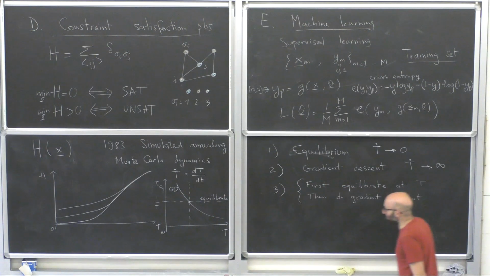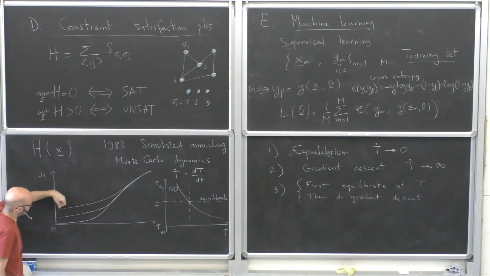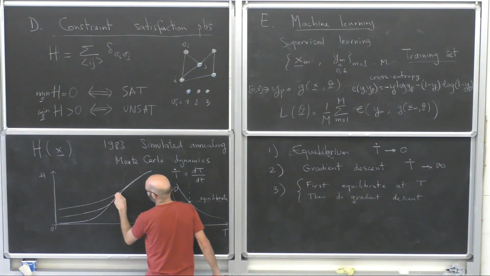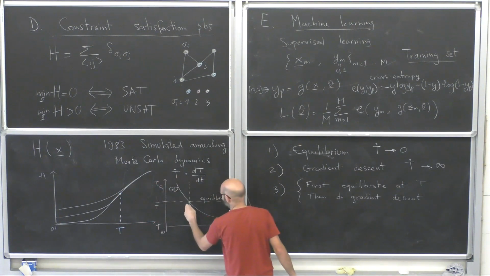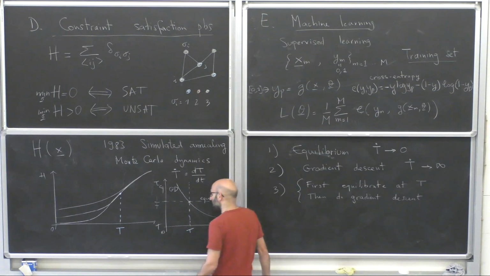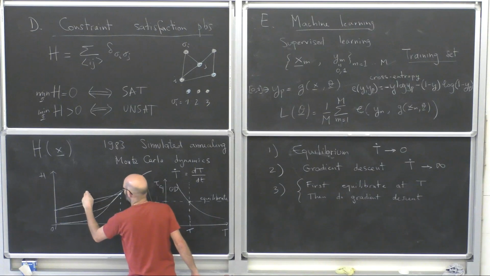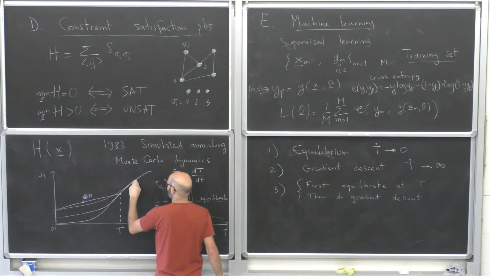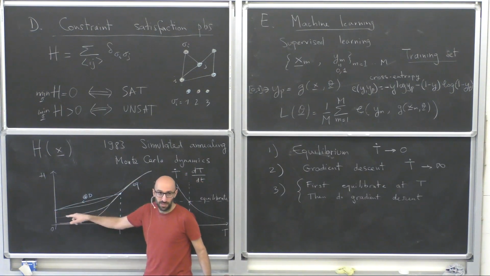So if you want, you are approximating a complex annealing that you have here by two processes. First, you equilibrate down to some temperature T, that is more or less this temperature here. And from there, you do gradient descent to the nearest energy minimum, okay?